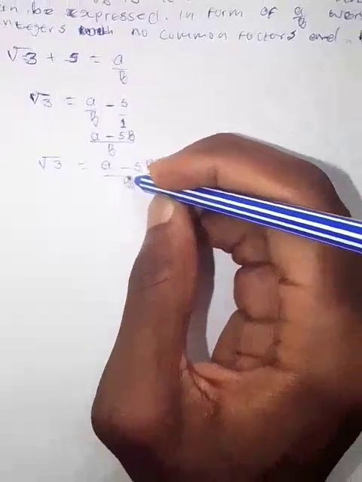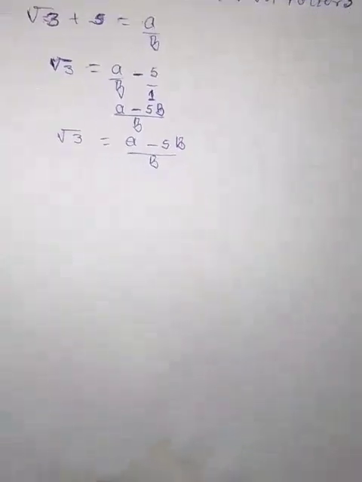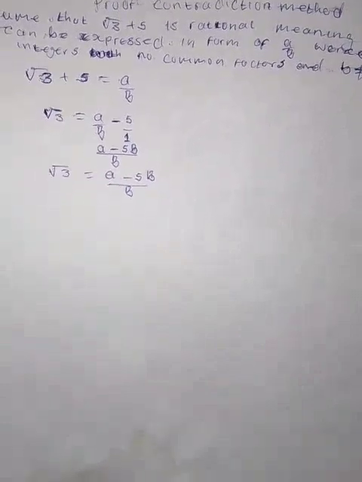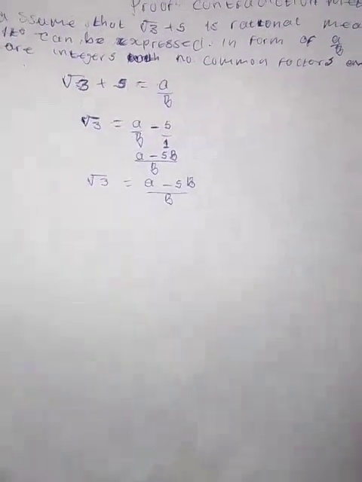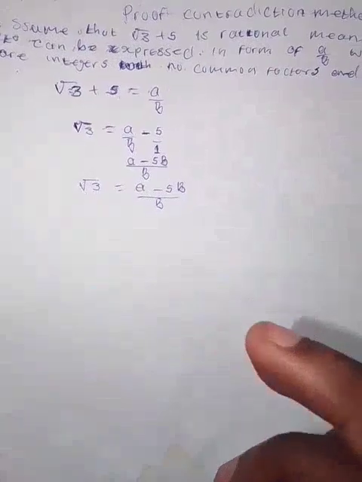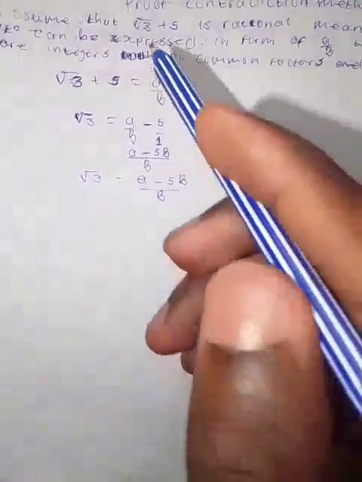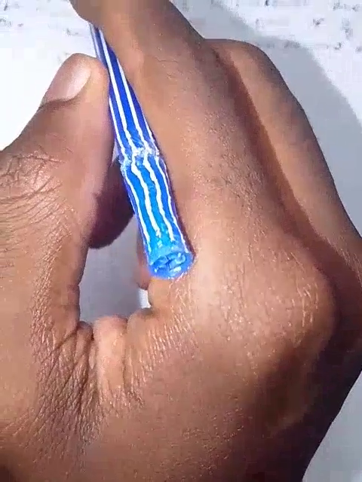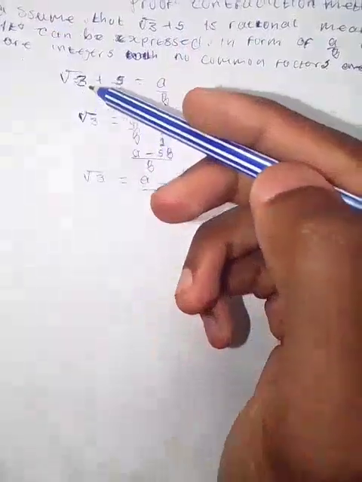Okay, so now the tricky part about this kind of question: we have been given either the square root of 3 or 5 along with a certain irrational number, meaning that our target should be leaving it as the subject of a formula.